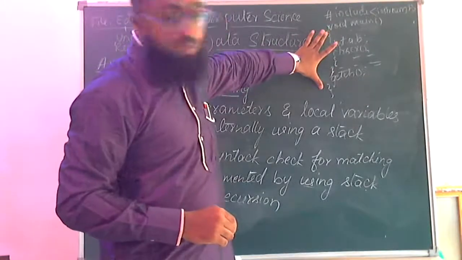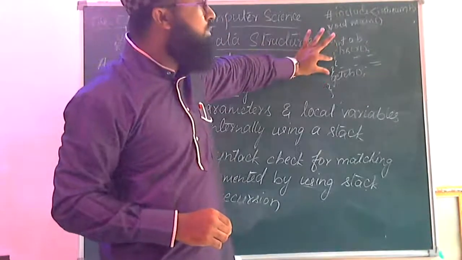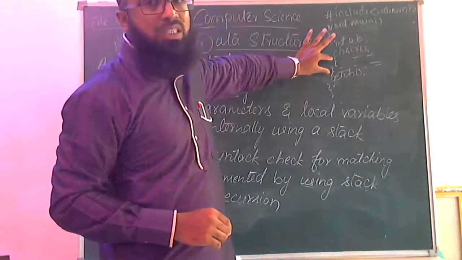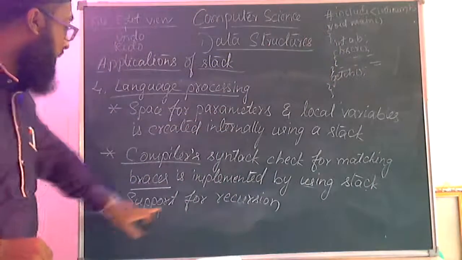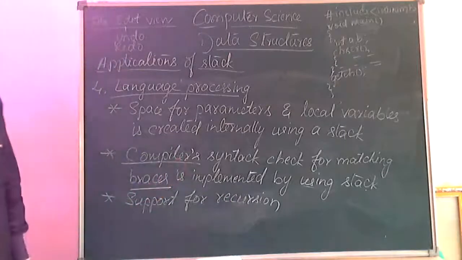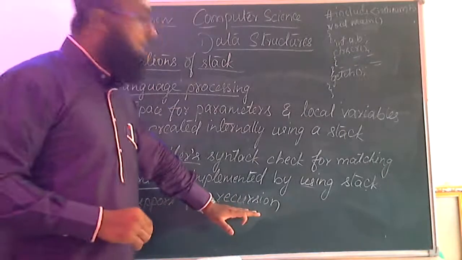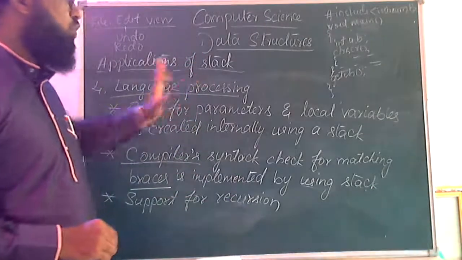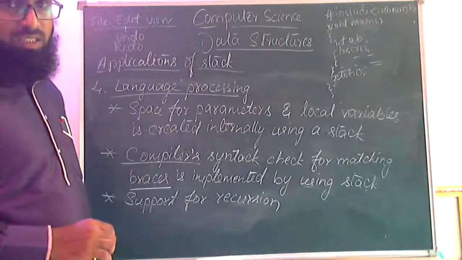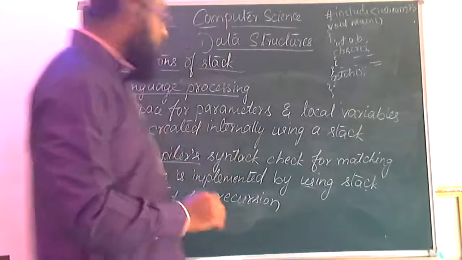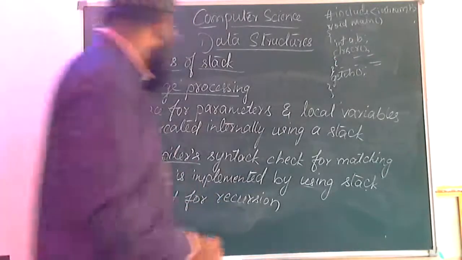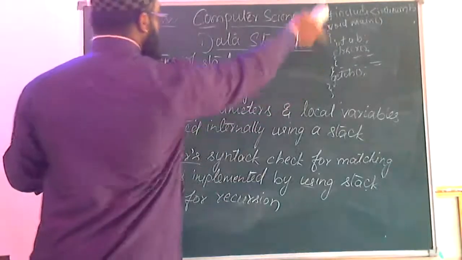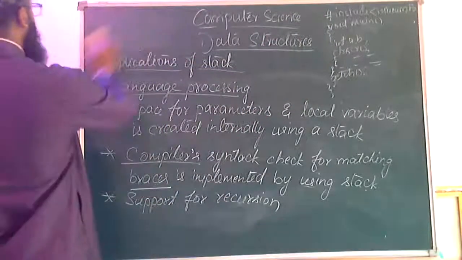Here, inside a big program, you will use a small program. That type of program is called recursion. For this type of recursion, the stack will be used here. So, these are some of the applications of stack. Hope you have understood recursion. Recursion means using a smaller program inside a big program.